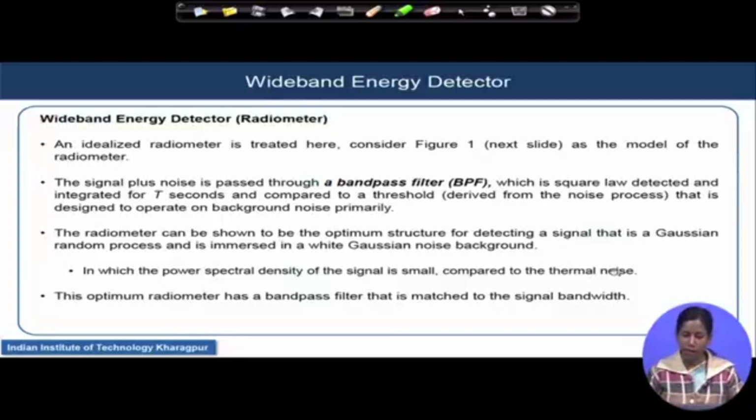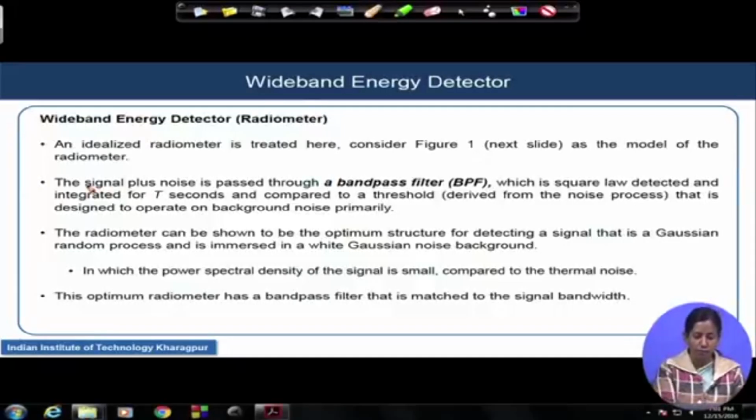So, the signal plus the noise enters at the front end, as I have already discussed, and passes through a band pass filter, then through a square law detector, and is integrated for T seconds, compared finally with a threshold.